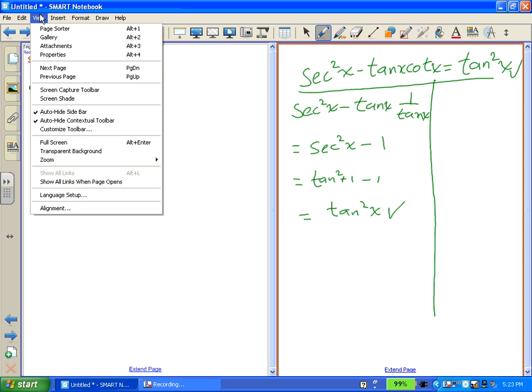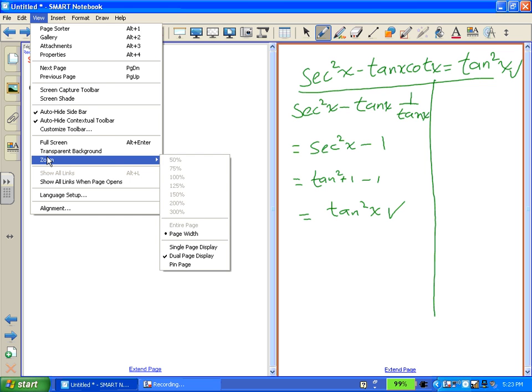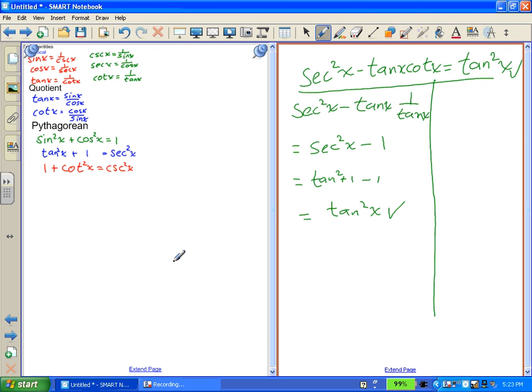Now let's try another one, and again I'm going to keep my list next to me, so I'll pin this page and move on to the next one.